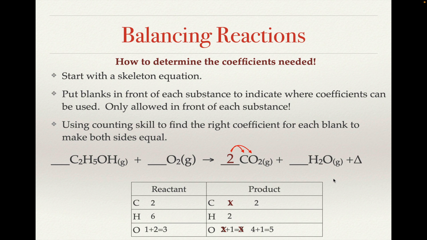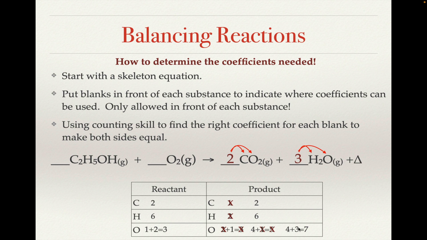So next thing I'm going to do is try to fix my hydrogens. I have 6, and I have 2. If I put a 3 here, 3 times 2 will give me 6 hydrogens. That fixes that. And then my 1 is no longer valid. So now I have 3 times 1. So instead, I have my 4 oxygens here plus my 3 more.